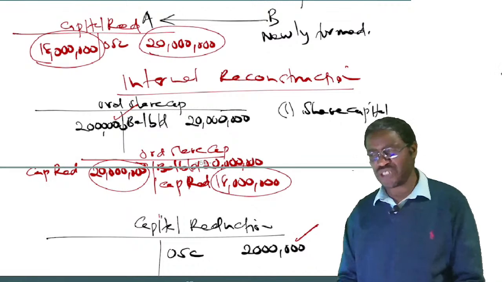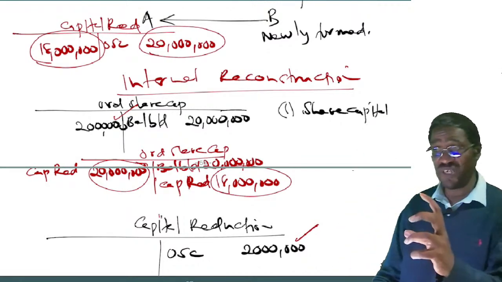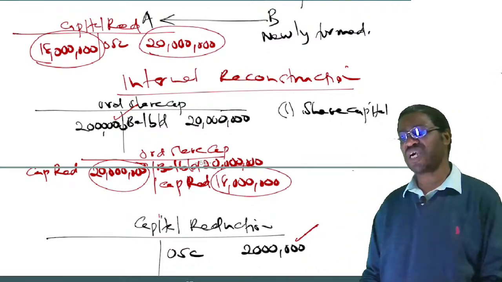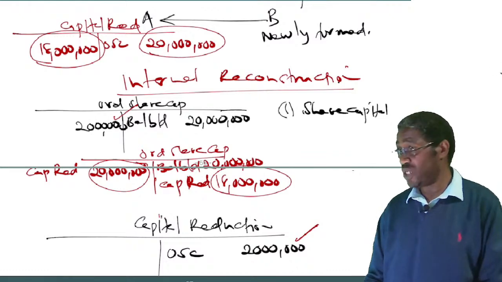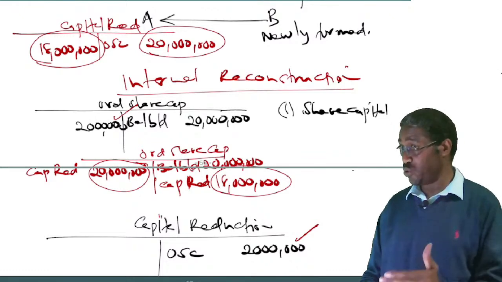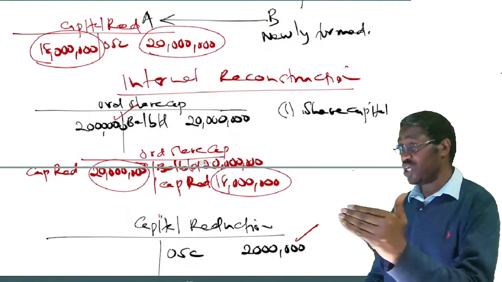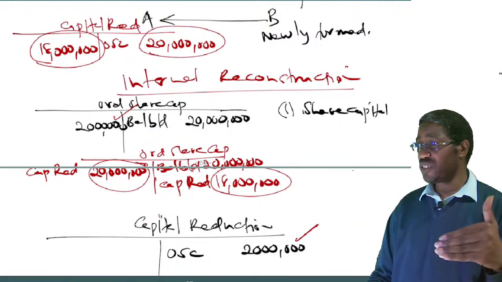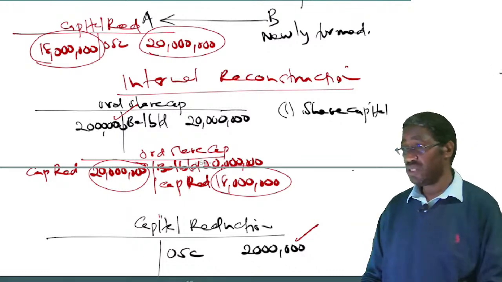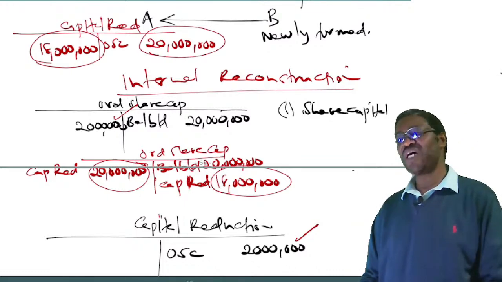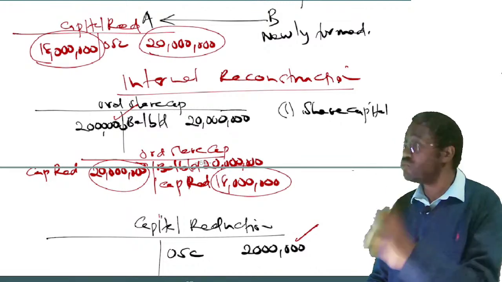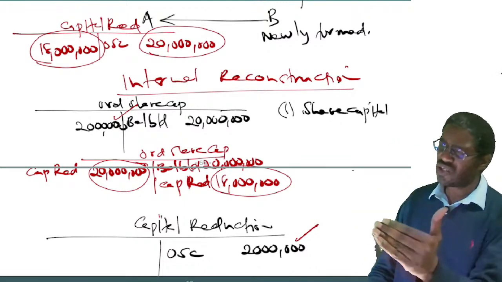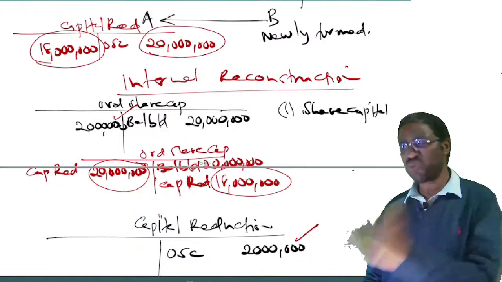Effectively, I hope you are seeing, you are reducing the capital by how much? If you take this second approach, originally we had shares of 20 million, we cancelled them, and now we are replacing them with shares of 18. Effectively, we are reducing the capital by 2 million, because you are just cancelling 20 and replacing it with 18.